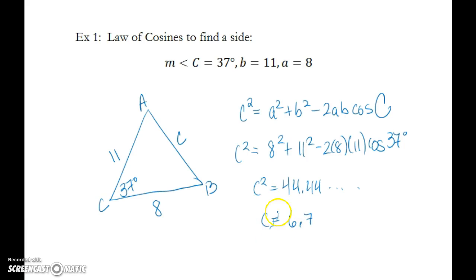So C is approximately 6.7. Now once you find side C, you can use law of sines to find angle A and angle B. Refer back to standard 4.3 videos in order to do that.